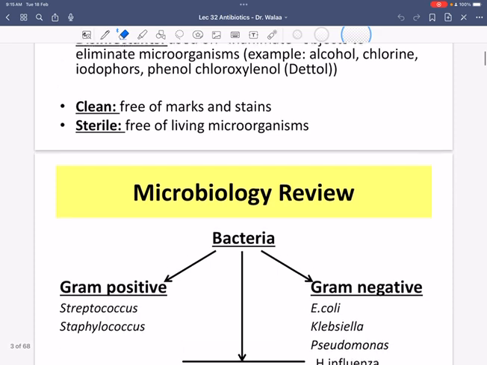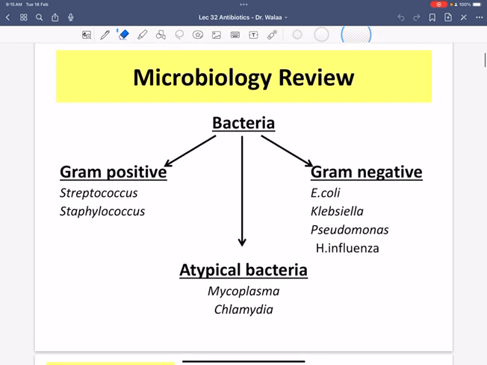Now, the major groups of bacteria are divided into gram-positive, gram-negative, and atypical bacteria. When we say atypical bacteria, the structure of the bacteria is not typical for either of the other groups, gram-positive and gram-negative.